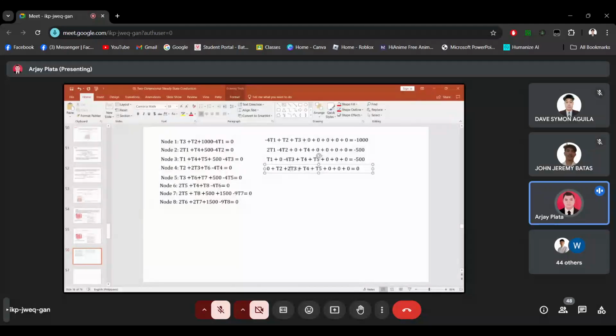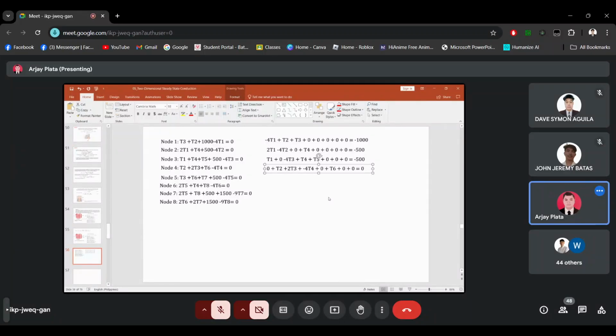T4, 1 negative. T5, no. T6. Then T7 and T8, we don't have value. Yeah, that's our node 4.